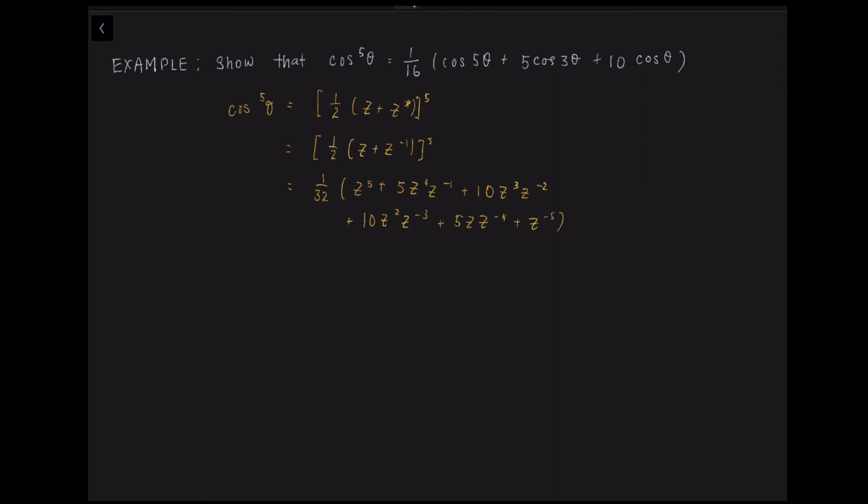And then we are going to arrange the similar powers together. So z to the power of 5 and z to the power of negative 5, so on and so forth.